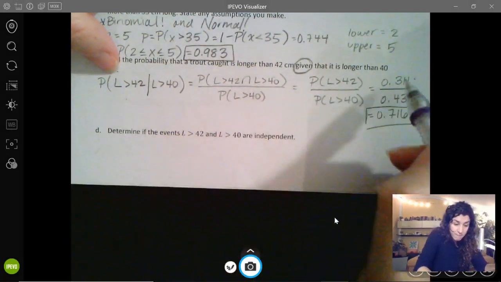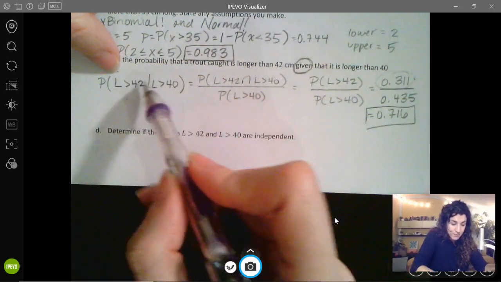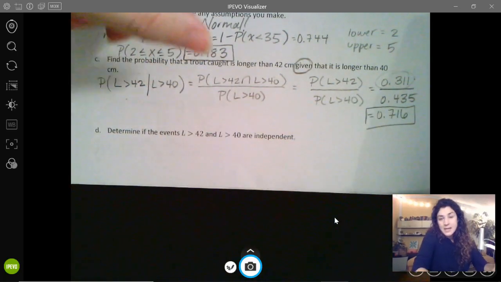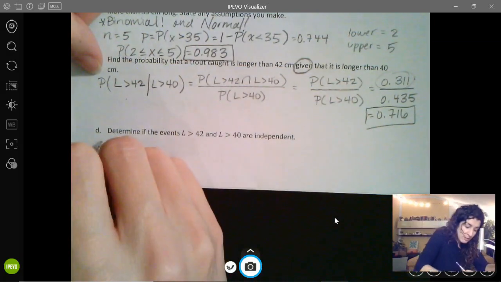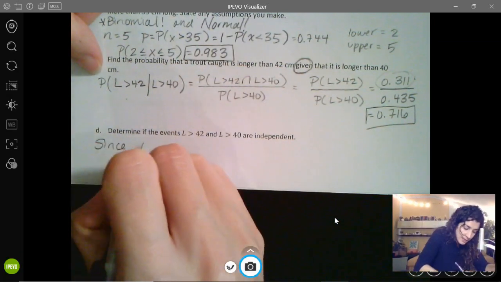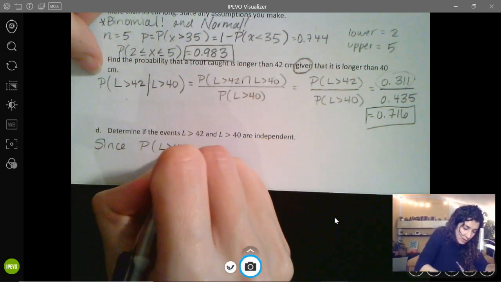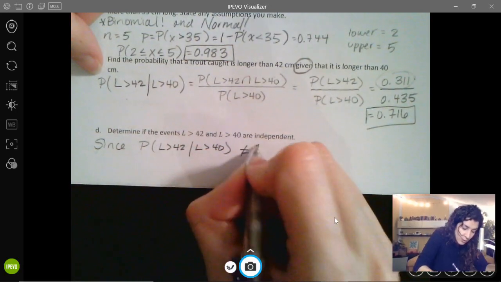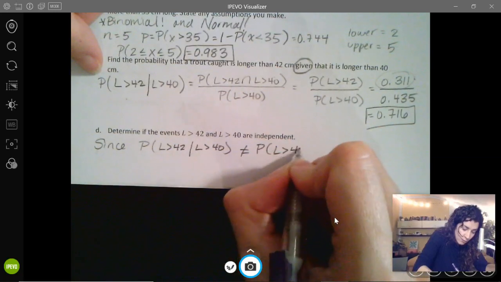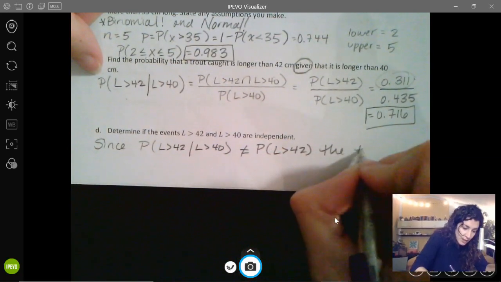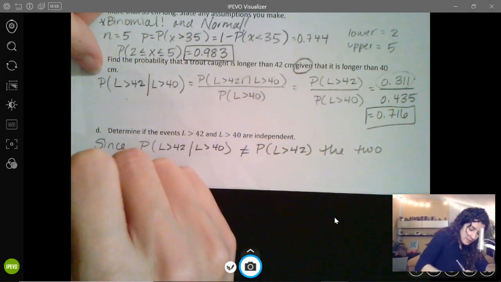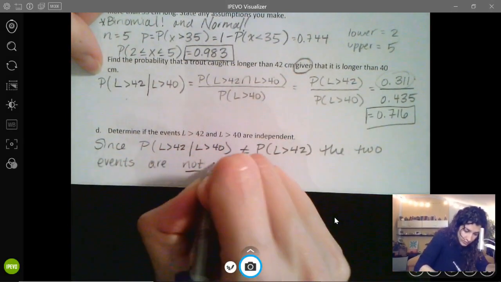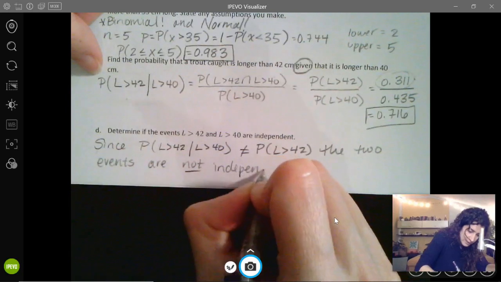And since the probability of greater than 42 is not equal to the division of these probabilities, they are not independent. So I'm going to say, since the probability of the length greater than 42, given that the length is greater than 40, does not equal the probability of the length greater than 42, the 2 events are not independent.